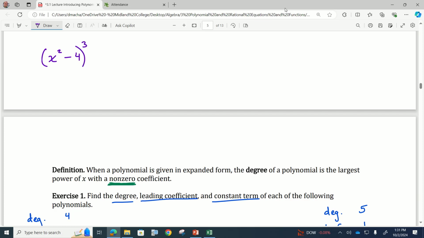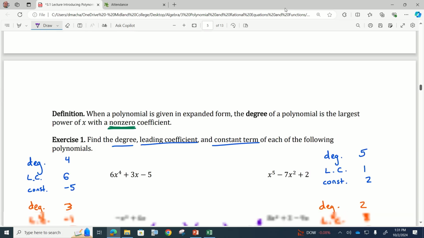Then this little part would become x minus 2, x plus 2, but they would inherit the little 3 from the first part. Okay. Good question.